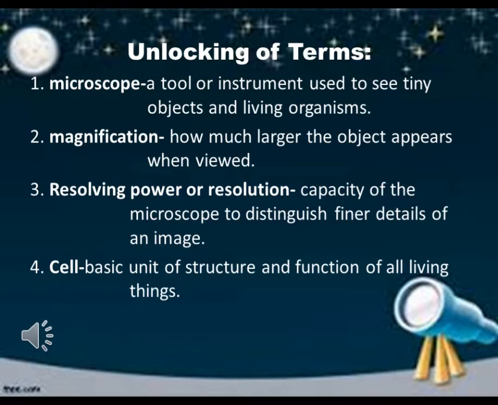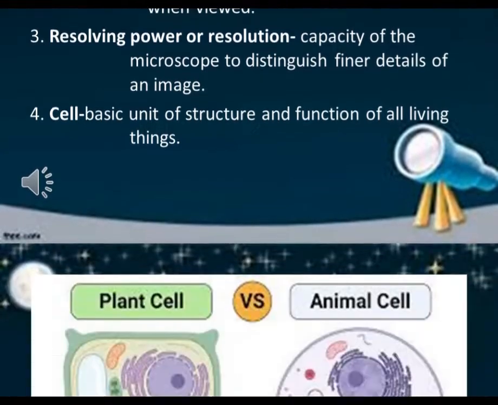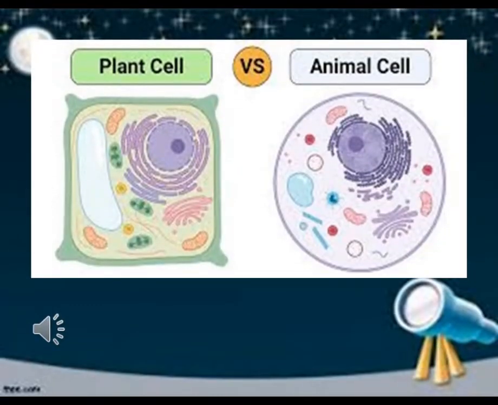The resolving power or resolution. The capacity of the microscope to distinguish finer details of an image. Number 4. We have the cell. This is the basic unit of structure and function of all living things. So we have here an example of plant cell and animal cell.